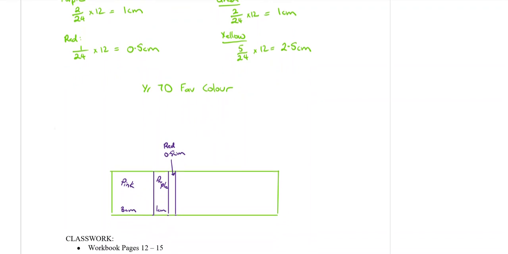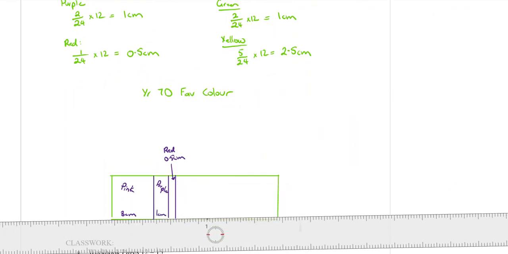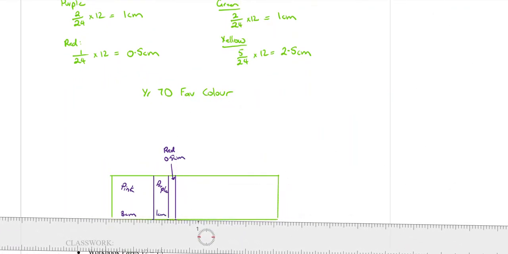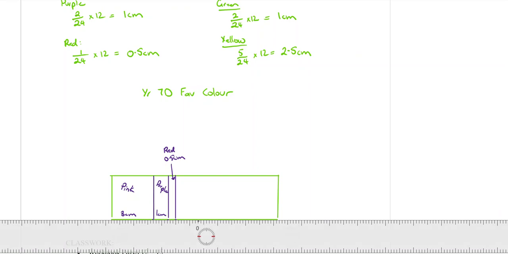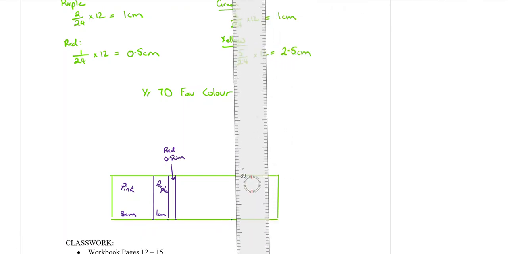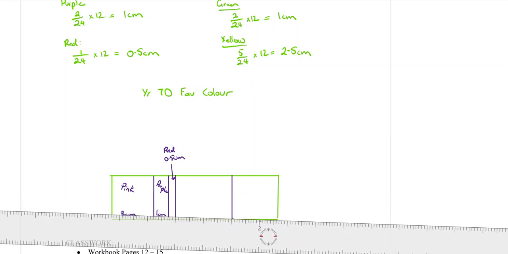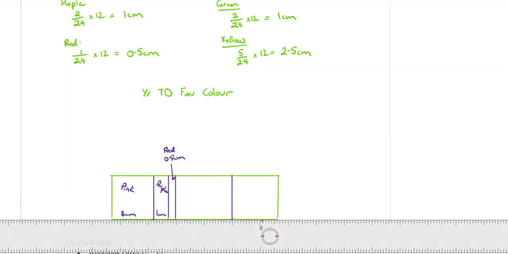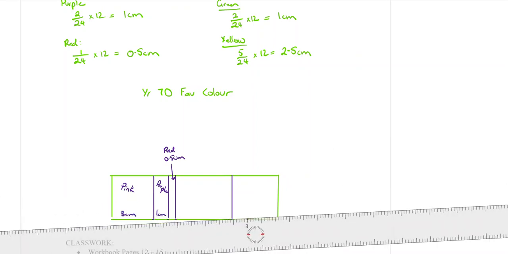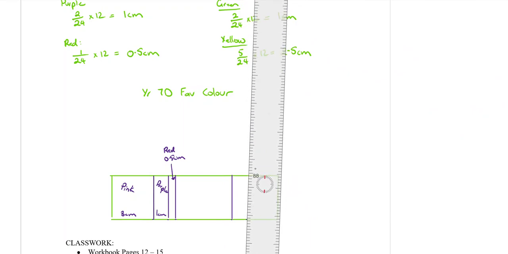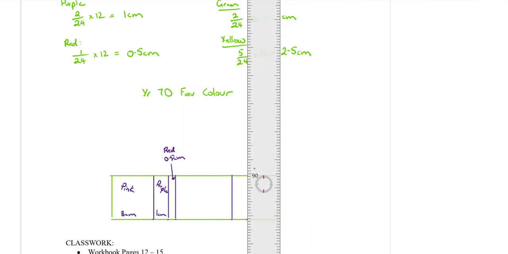Then blue is 4 centimetres. 2, 3, 4. Green is 1. That hopefully means that our last space is exactly 2.5.